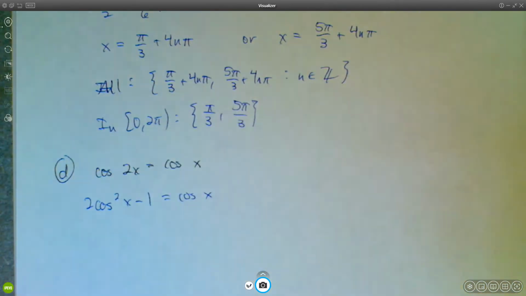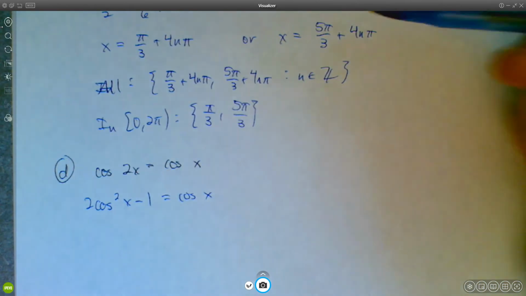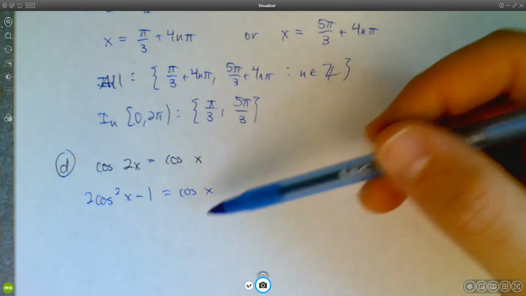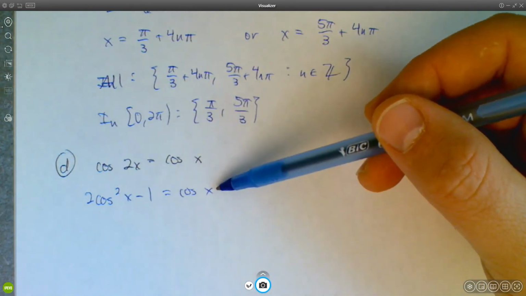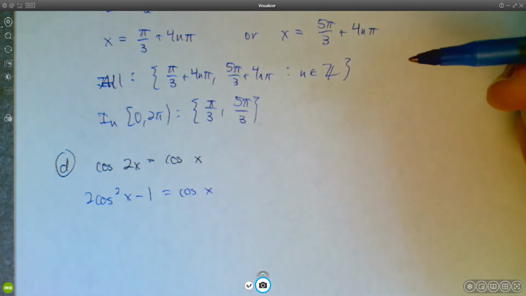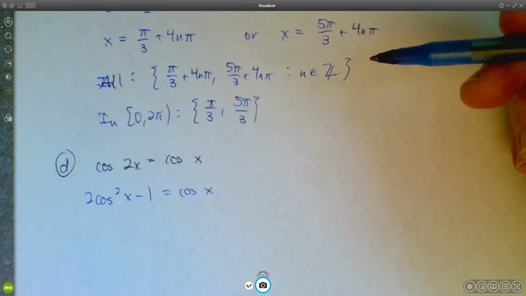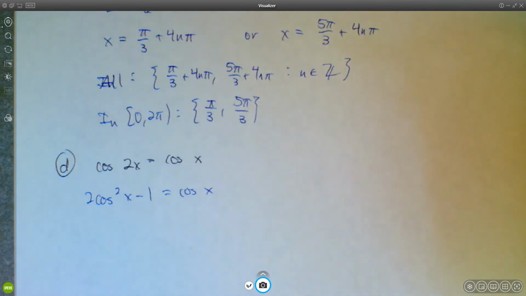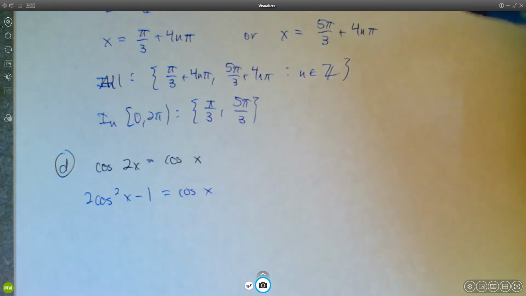This way rewrites everything in terms of the same trig function. So now I have a chance of maybe being able to move everything over and factor and then apply the zero product principle. Or if I can't factor, then at the very least I can use the quadratic formula, right? We saw an example of that in 6.2.